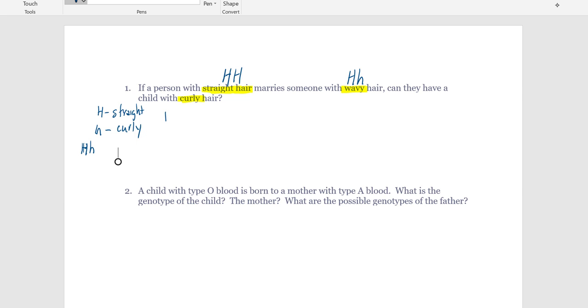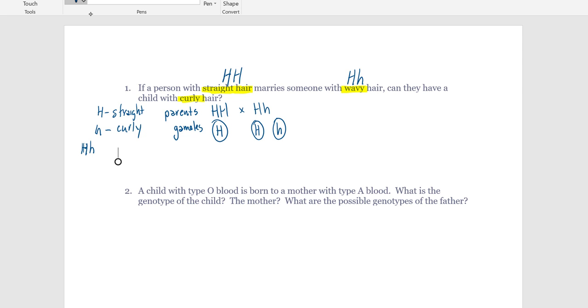So I've got parents, genotypes HH crossed with heterozygous big H, little h. Then I want to look at what are the possible gametes. The gametes that this parent can produce are only big H. The gametes that this parent can produce are big H or little h.